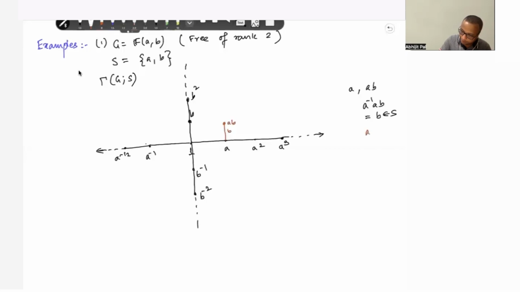And now if I take these two elements, a and ab inverse, and take the inverse of a inverse times ab inverse, this thing is equal to b inverse, which belongs to S. So there will be an edge between a and ab inverse. This edge you can label by b inverse.